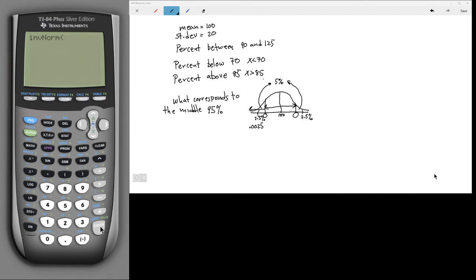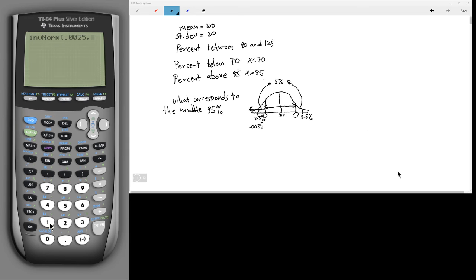And what inverse norm needs as the input is the area first, so that would be the 0.0025, then the mean, then the standard deviation.